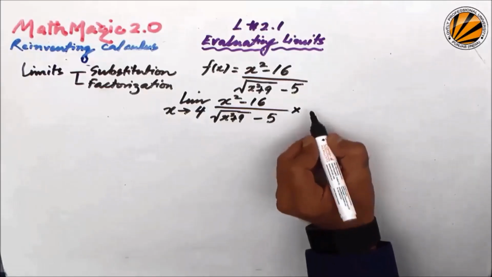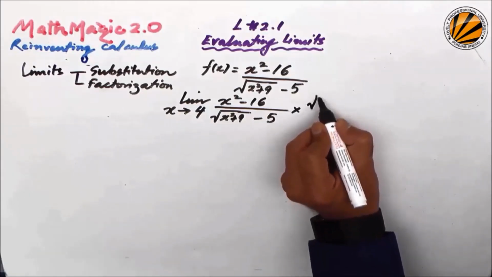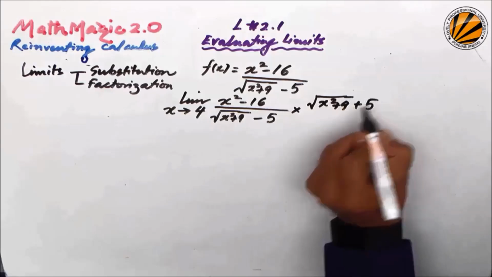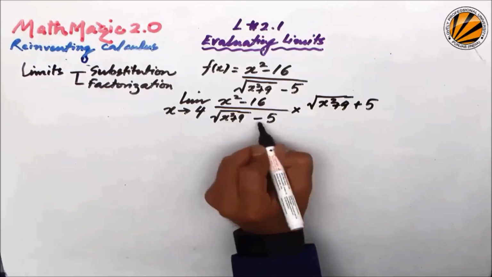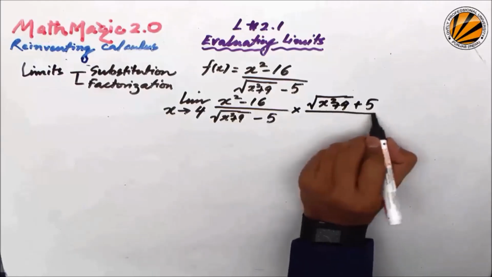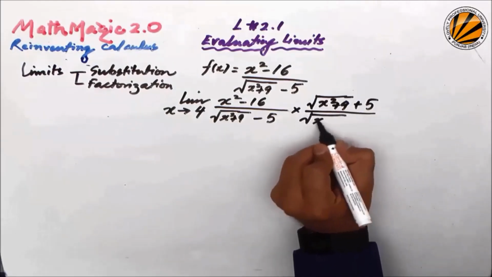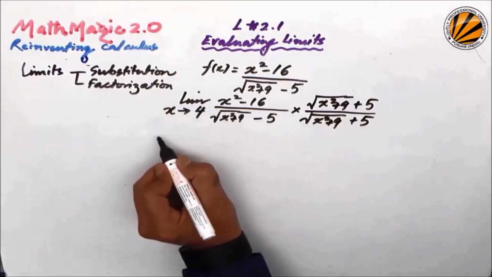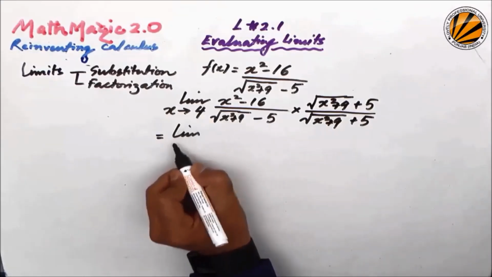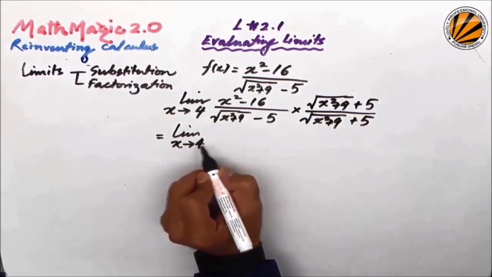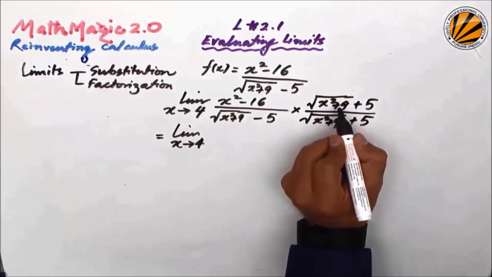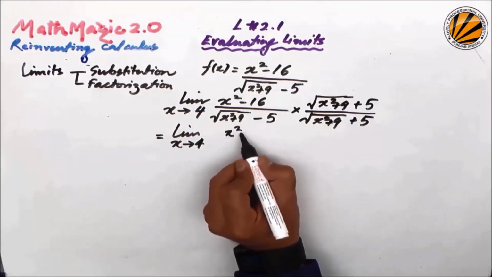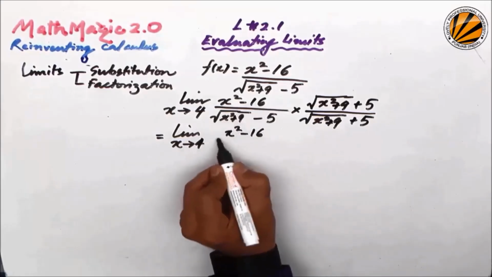What I can do is multiply the numerator and denominator with the square root of (x square plus 9) plus 5, because I need to rationalize the denominator. When I do this, the limit as x approaches 4 has the numerator x square minus 16, which I leave as it is.